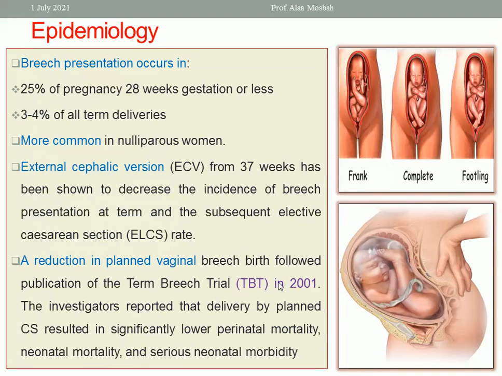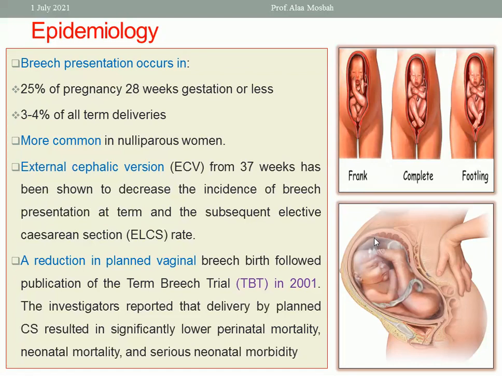From this trial, different centers all over the world recommended cesarean section in case of breech presentation. But this is changing nowadays with the recommendation of the Royal College and the American College recently.